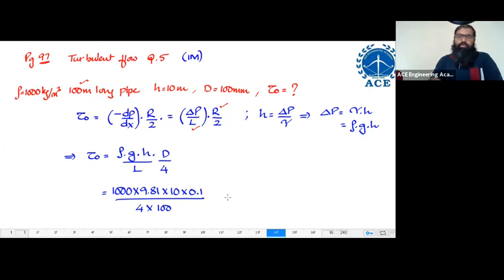If you check, it will come out to be 24.52. So the value of tau naught is 24.52 Pascal.